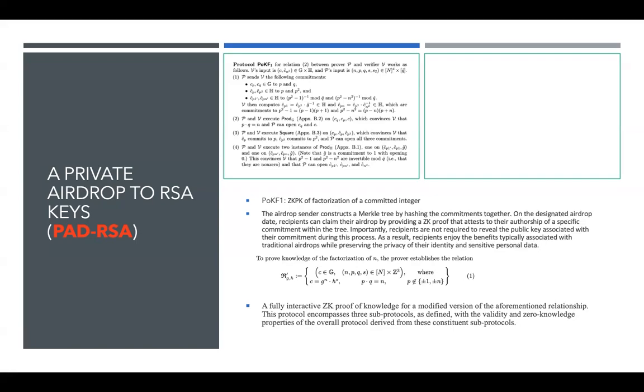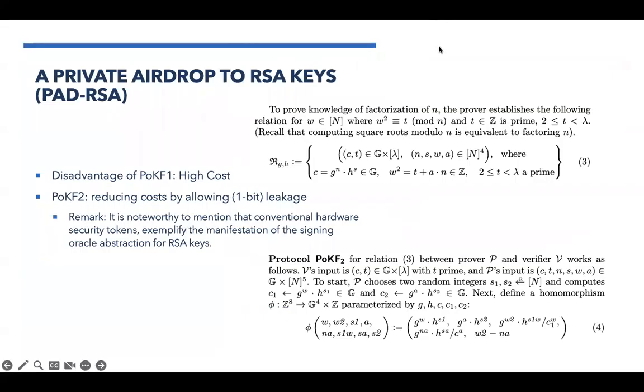However, one of the major disadvantages of the first protocol is the high cost. That's where a modified version comes in. The second protocol presents a formidable solution to the challenges faced by its predecessor, which suffered from a high cost.